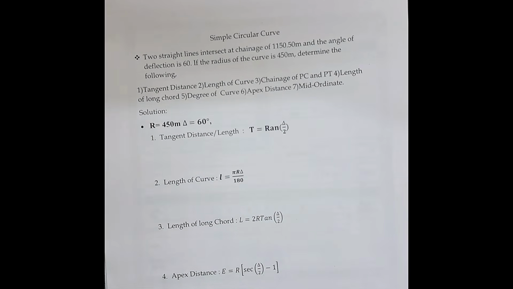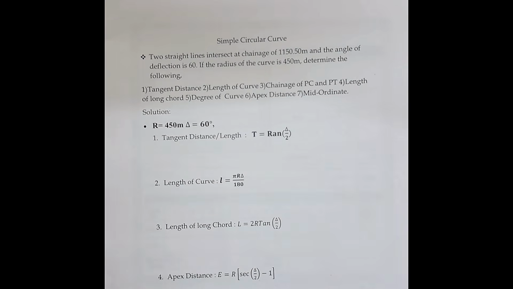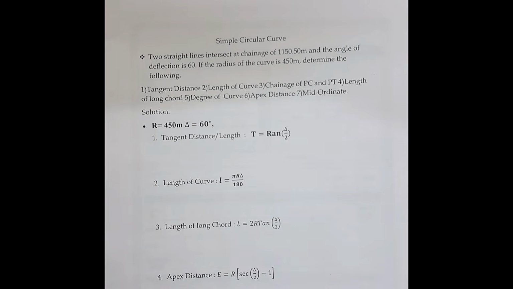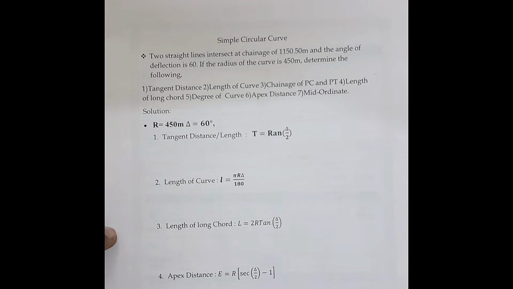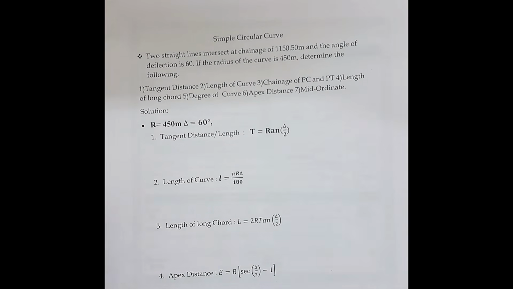So first, the tangent distance or tangent length, and for that we have the equation: tangent T is equal to R tan delta by 2. Delta is the 60 degrees which is already mentioned, and the radius is equal to 450 meter. So simply put the value and find the answer.